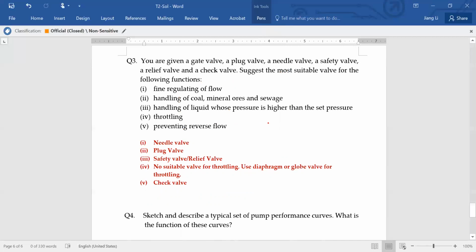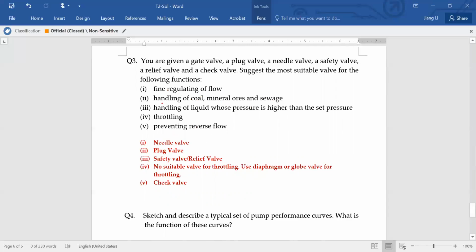So try to understand the particular function for each type of valve. For example, here, fine regulating of flow, you can only choose needle valve, right? Because the structure of the needle valve is that the end point is a needle type of end, which is very fine. So when you adjust the valve, it means you are doing fine regulating, okay?